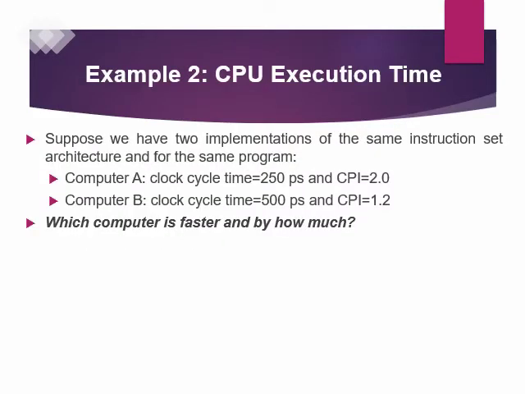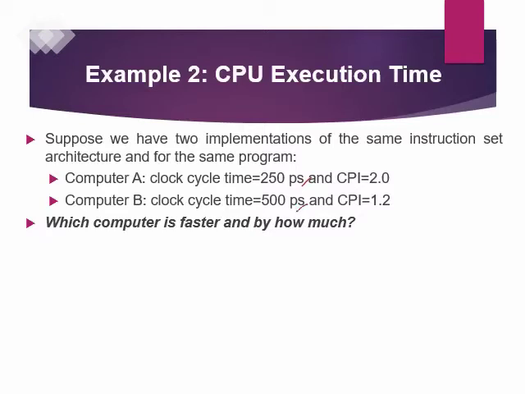In example 2, we want to calculate using CPI. So suppose we have two implementations of the same instruction set architecture, ISA, and for the same program. Same program but run in different computer, A and B. So for A, clock cycle is 200 picoseconds. For B, clock cycle is 500.